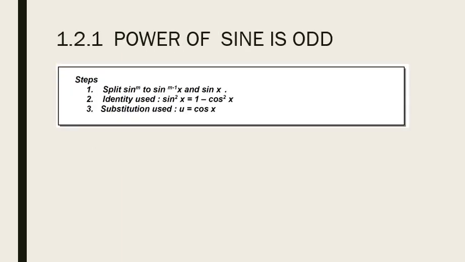The first one: the power of sine is odd. So this is the SIS method. The first step is split. Split sine power of m into sine power of m minus 1 x and sine x.